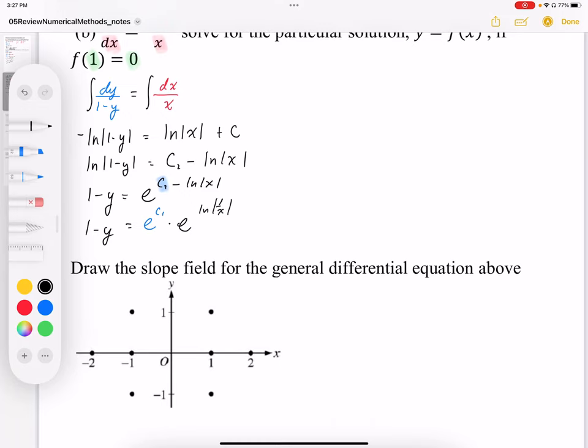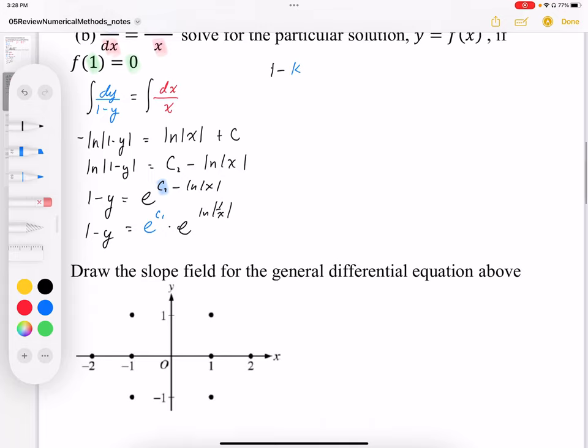Then I can simplify this. That constant e to the c we can solve for, I'm just going to call that k. So k times e to the log of 1 over x. That simplifies, that's an identity. That's just going to become 1 over x. And that's going to be equal to 1 minus y on the other side.